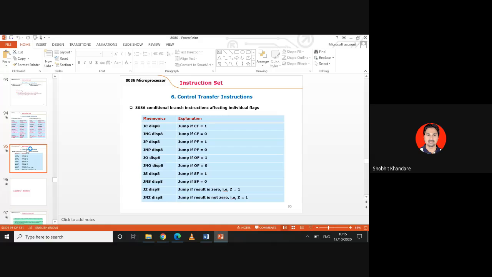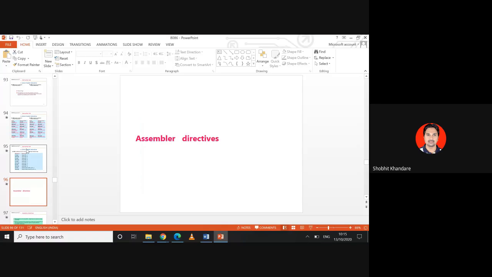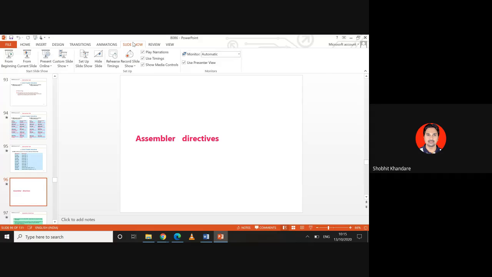Today I will be doing the assembler directives. Are you able to see the assembler directives on my screen? I will start the slideshow, but before I go to the assembler directives, we need to complete interrupt 0 to 4.